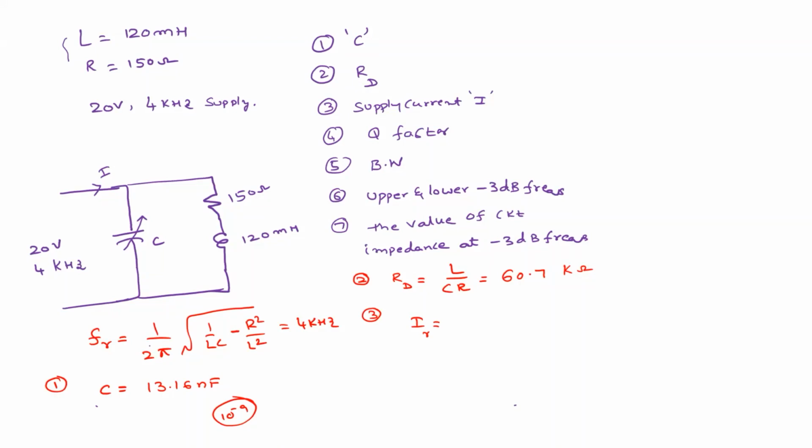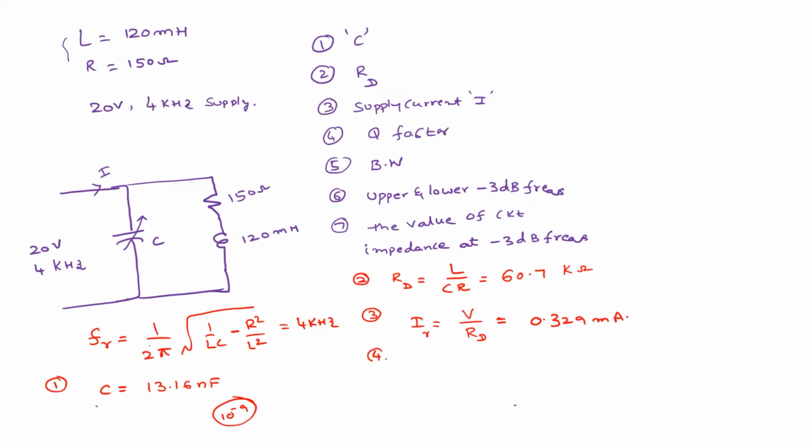It is V by RD, just simple. That is the resistance of the circuit, in other words the impedance of the circuit. So V is 20, 20 by 60.79. What is this value? 0.329 milliamperes. Yes, sir. Okay.